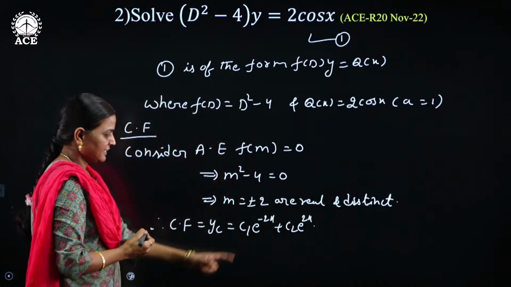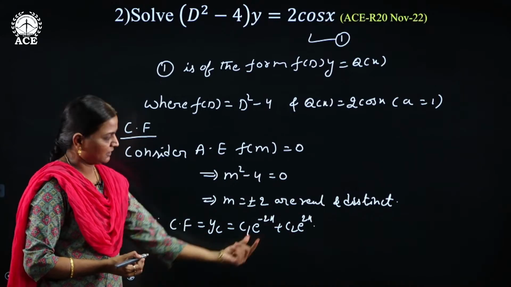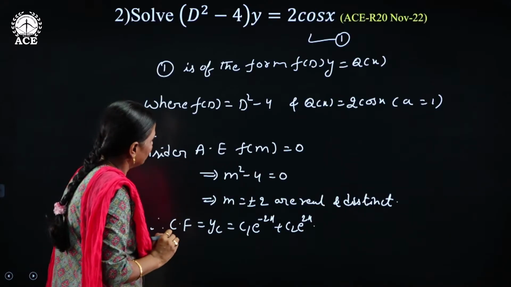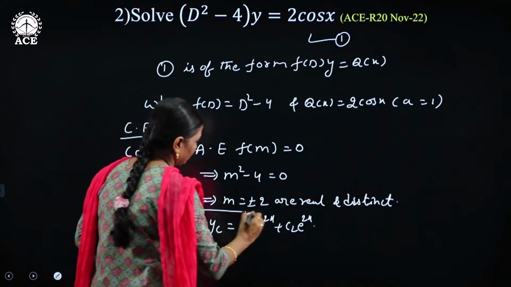You can also write c1 into e power 2x plus c2 into e power minus 2x; the order does not matter. So this is the complementary function.